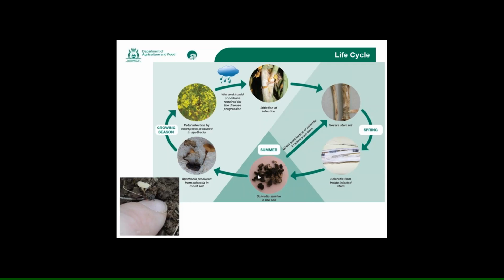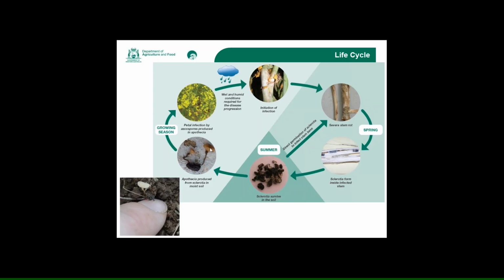So they can germinate under the right conditions in the autumn or winter when the weather is wet and the right kind of humidity. So usually when the canopy in the canola crop closes over, there's enough humidity underneath for these apothecia to be produced. So that's when the sclerote germinates.